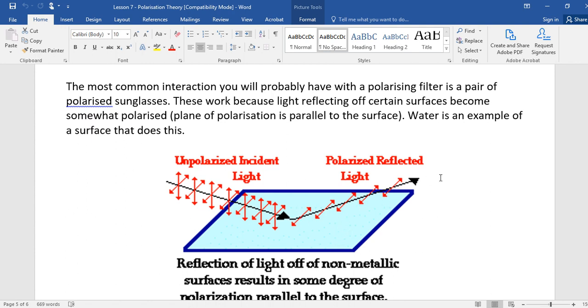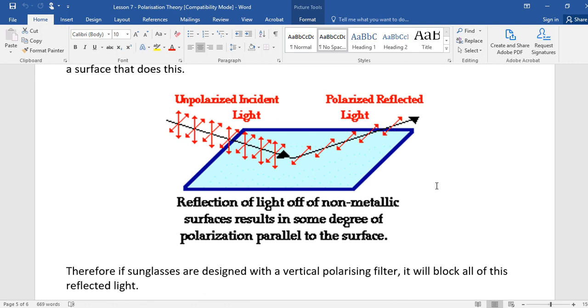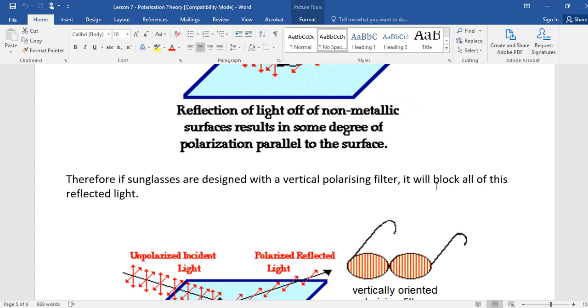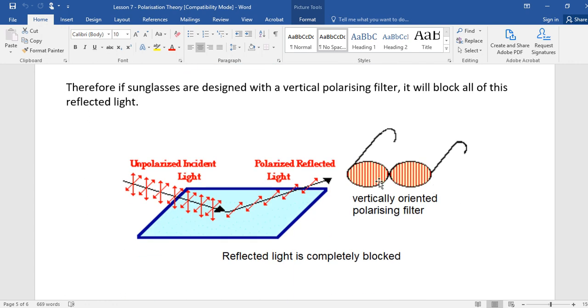If I'm standing here looking at the ocean and don't have sunglasses on, that's when you see the reflection of the light on the ocean. If you then put on a pair of polarizing sunglasses, the polarizing filter in the lenses of those sunglasses is vertically orientated.